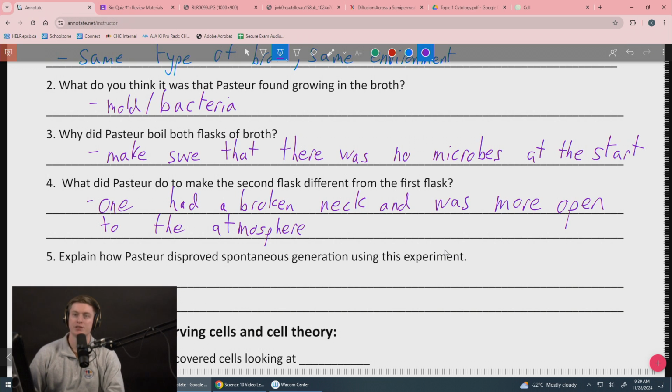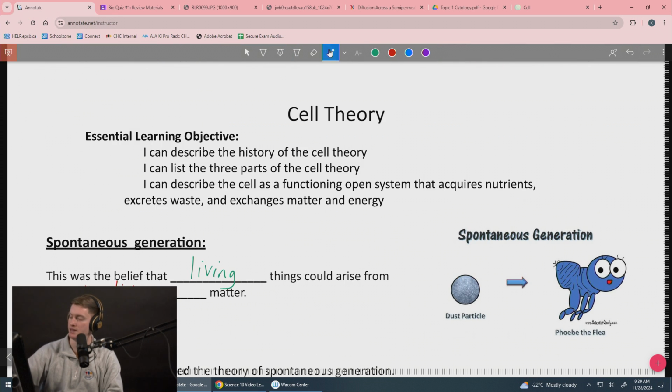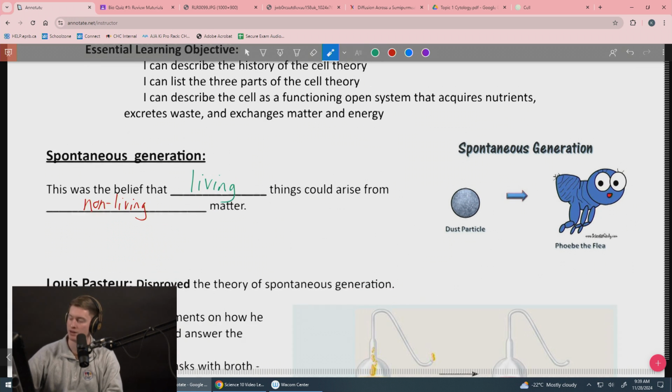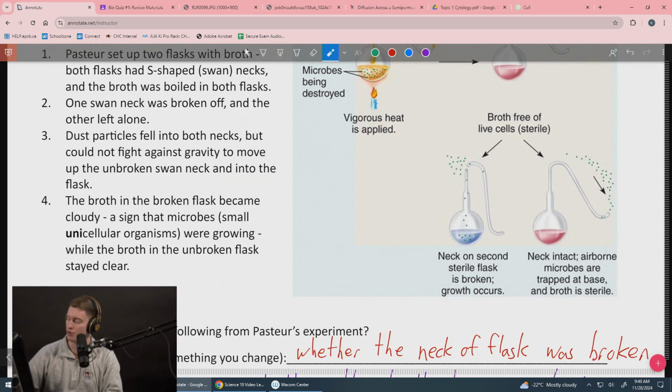Explain how Pasteur disproved spontaneous generation using this experiment. Well, remember that spontaneous generation was the idea that living things could arise from non-living matter. Our broth here is our non-living matter. If spontaneous generation was true, then broth would be all that is required in order to make microbes appear. Because before you could observe, if I left the broth out on the counter, microbes appear.